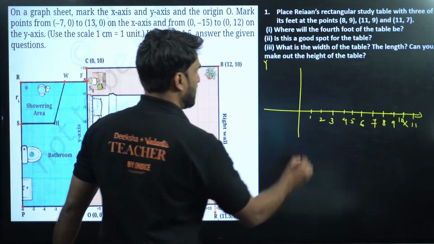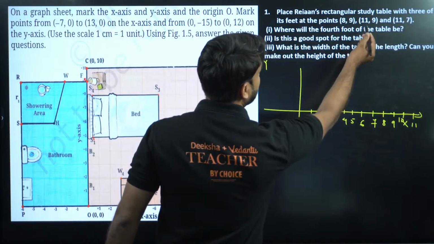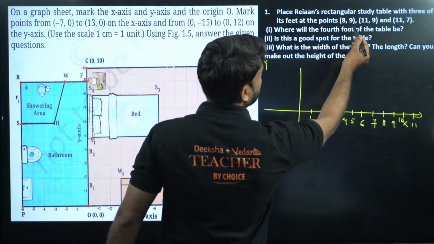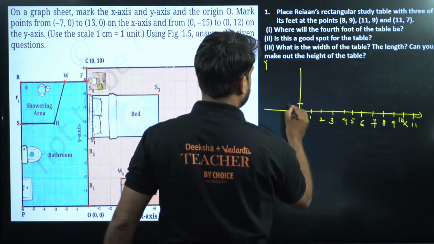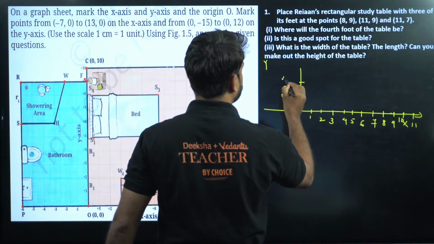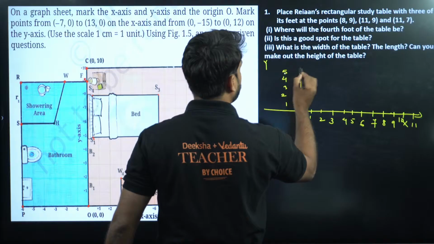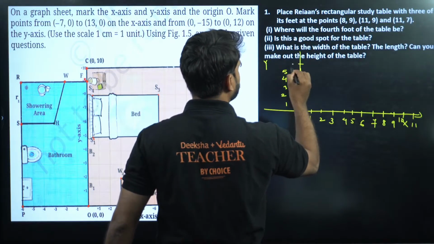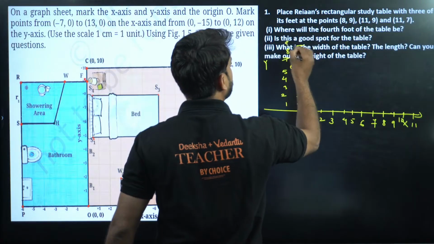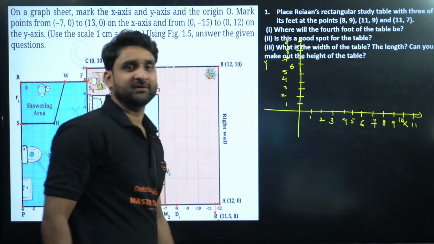On the y-axis, which is the highest? 9, so we can take 1, 2, 3, 4, 5, 6, 7, 8, and this is 9. Okay, so this is the y-axis.